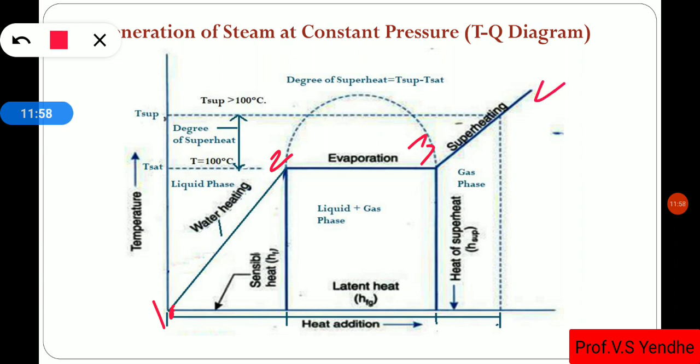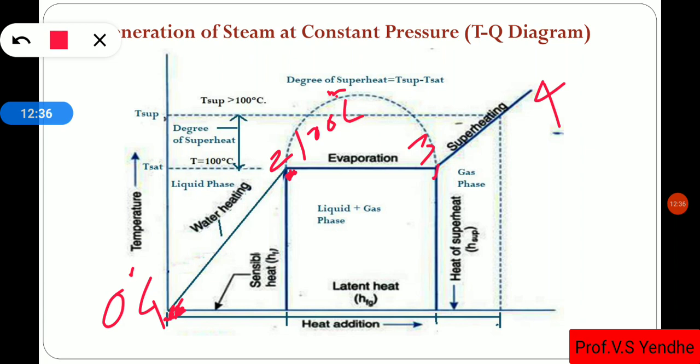We are starting from phase number 1, that is water at 0 degrees Celsius, here at point number 1. Then at point number 2, what happens after heating for a longer time? The water starts to boil at 100 degrees Celsius, but after that the temperature is kept constant, and we will get dry saturated steam at point number 3.